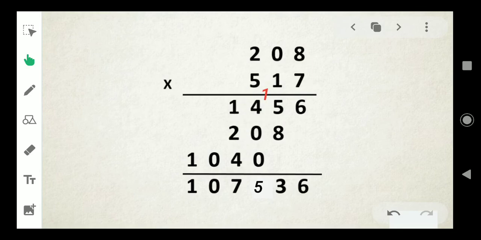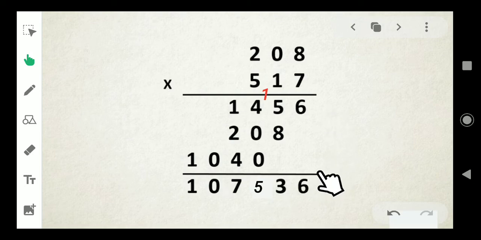Next we are going to multiply with the third digit, that is the number in the hundreds place. 5 into 8, 40. 0 here, remainder 4. 5 into 0 is 0, plus this 4, we will get 4. 5 into 2, it is 10.